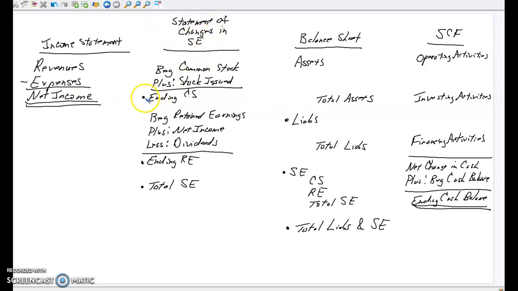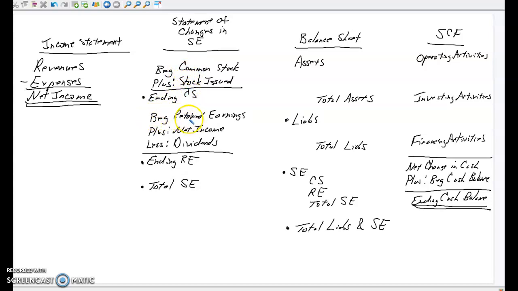There are two components, right? Common stock, retained earnings. And we're just showing and reporting what changed these accounts. So we start with the beginning balance and then add or subtract what changed it. Well, the only thing that changes common stock is issuing it, and that causes it to go up. So we take beginning, add what we issued, and that gives us the ending.